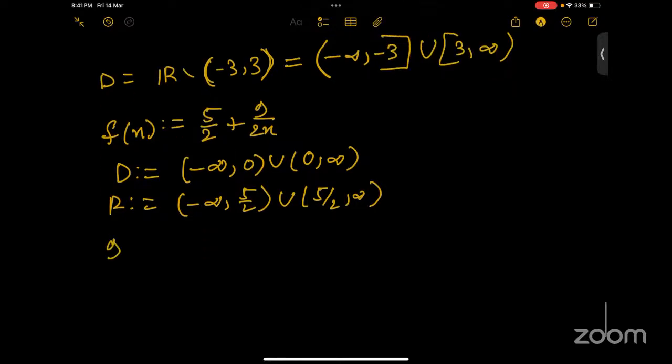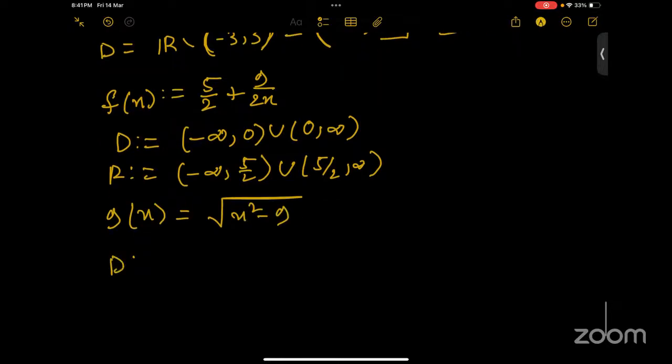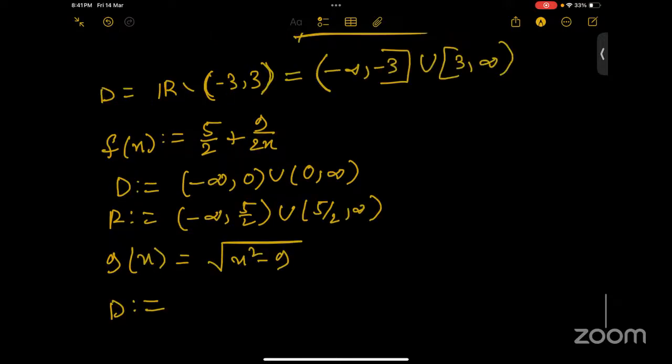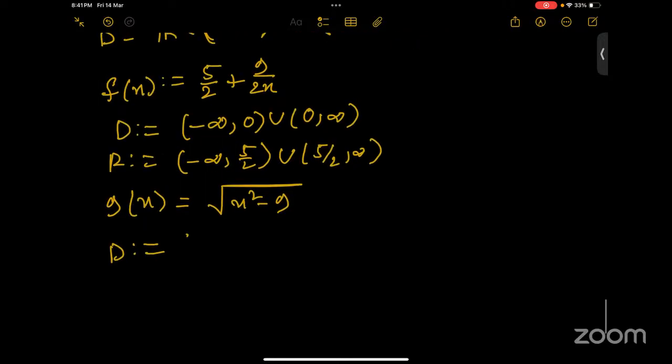And what is our g? g is root over x squared minus 9, right? What is the domain of g? Minus infinity to minus 3 union 3 to plus infinity. Range is 0 to infinity.